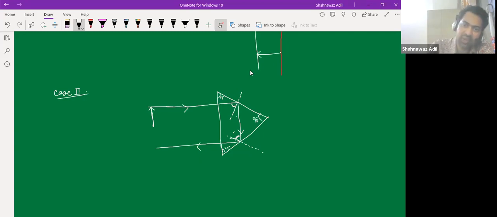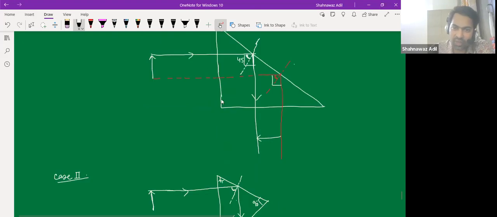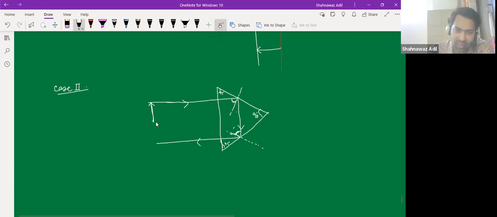So in the first case, this was falling on the 90-degree side, right? At the equal side. But now it is falling on the hypotenuse. So let's say this was the object. You can see that the object would be inverted.